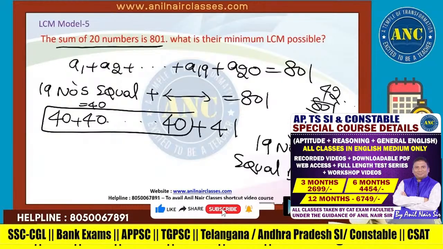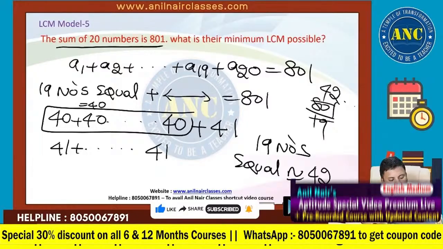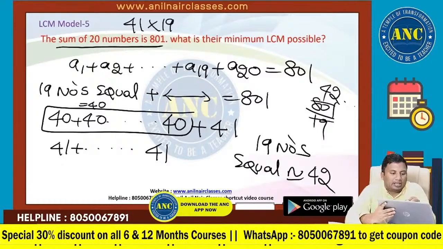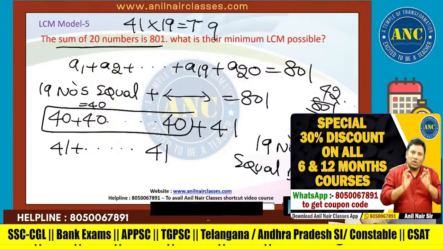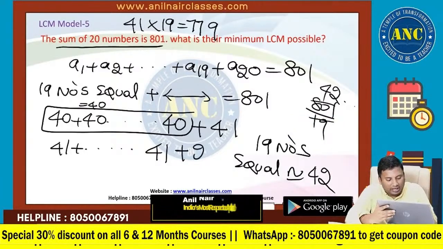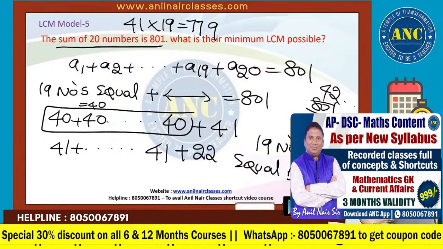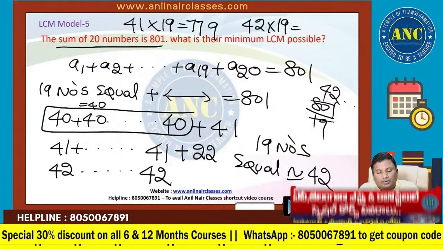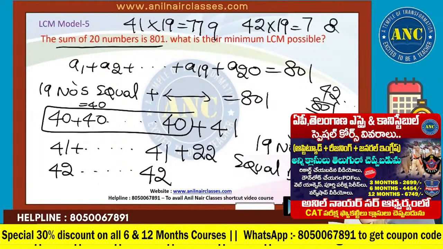I took 40. Let me take 41. 41 added 19 times is 779, plus 22. Next number could be 42. 42 times 19 is 798, plus 3.